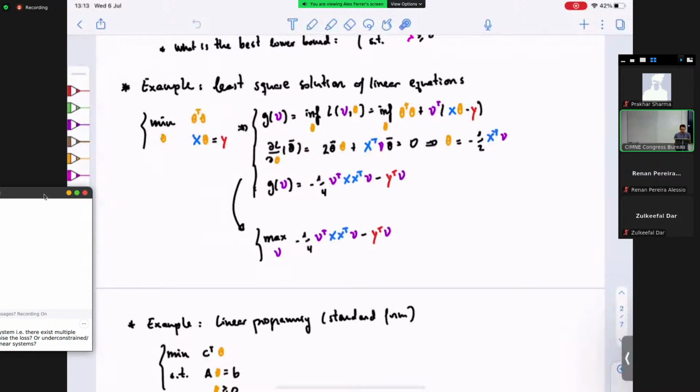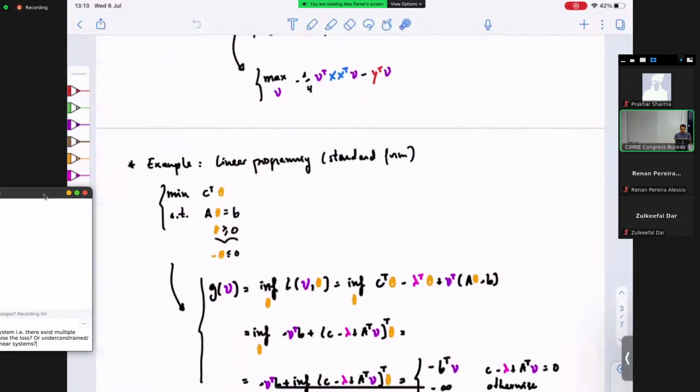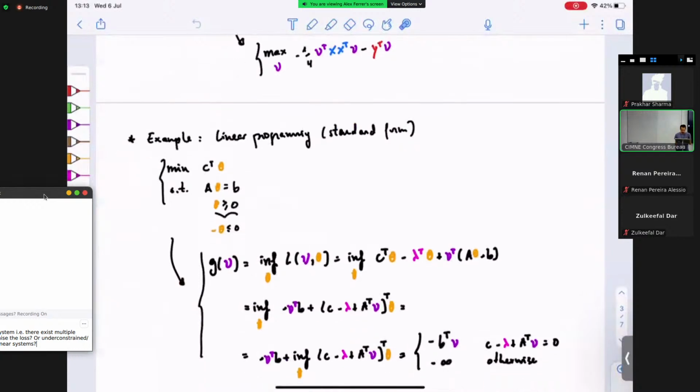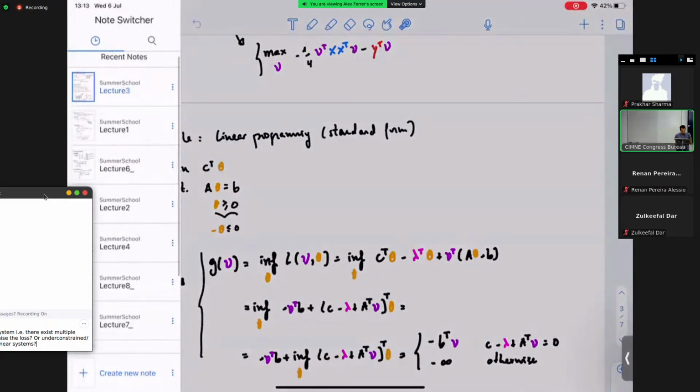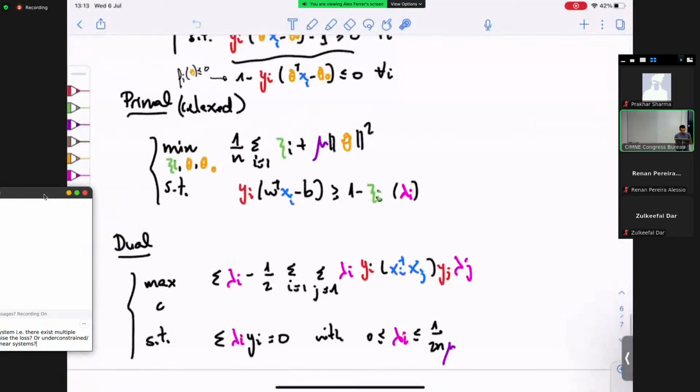You have the Lagrangian, you take the infimum, then you find the theta, you plug it inside, and you get this. This is linear programming, yes.